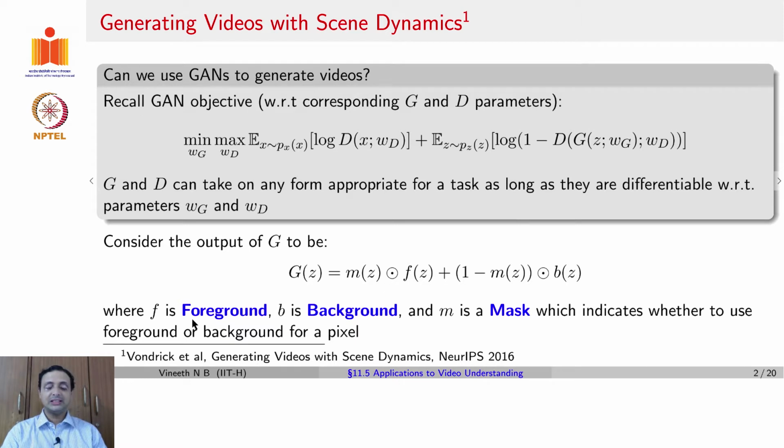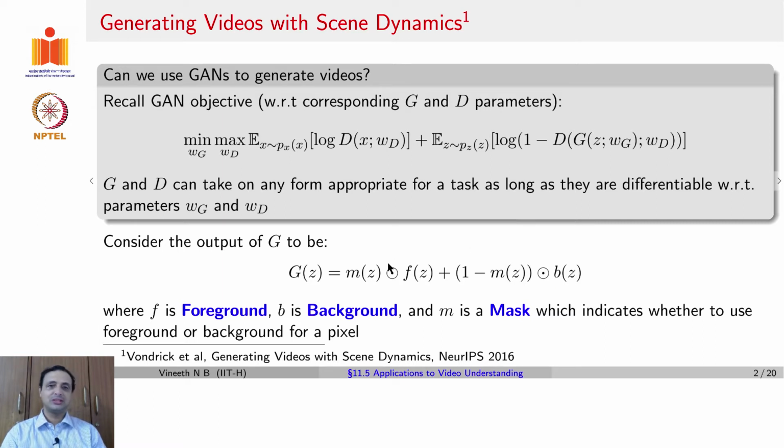Here f is foreground, b is background, and m is a mask which is also learnt, which indicates whether to use foreground or background for a pixel.